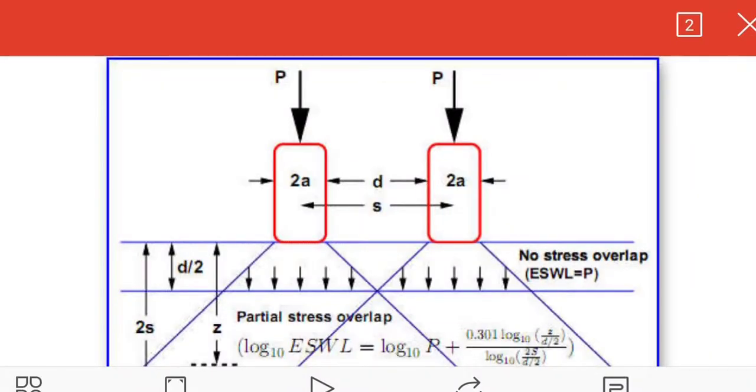If you want, you can draw this simple diagram and show the P as 2044, d value and S value, and I'll be calculating a and this load distribution at 45 degrees.